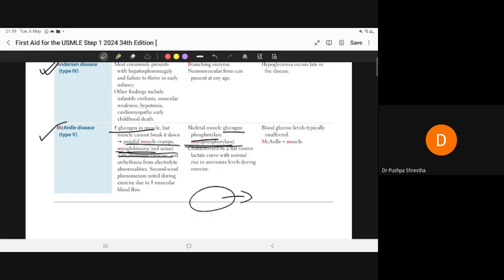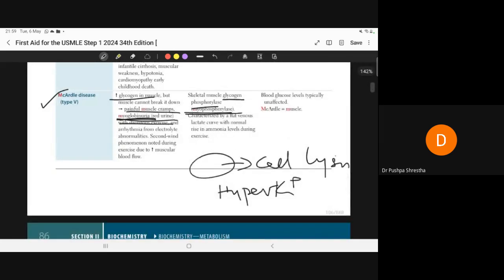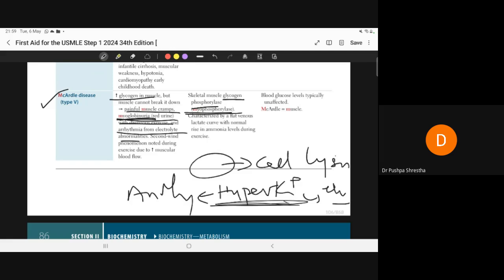Whenever you have cell lysis, especially muscle lysis, you will always see myoglobinuria. You will always see hyperkalemia, because your cells are bags of potassium, and because of this hyperkalemia you can see arrhythmias and electrolyte abnormalities. So these are also there.